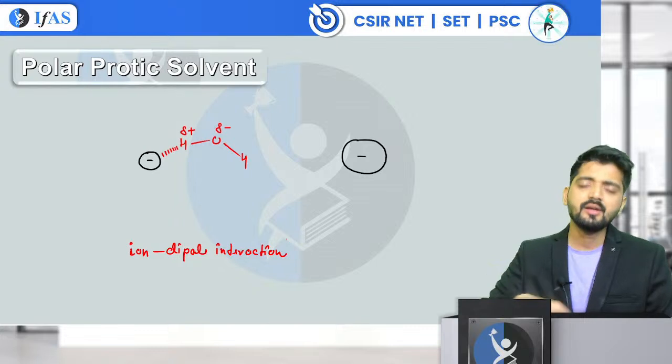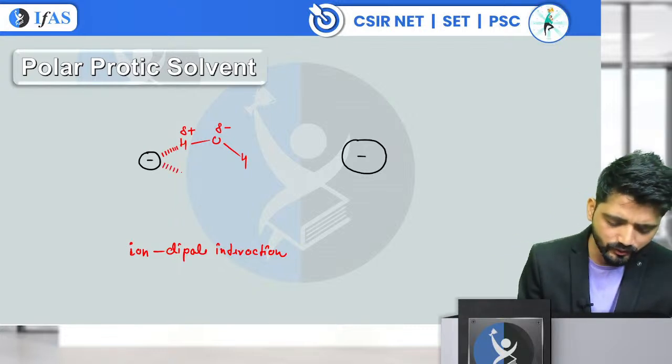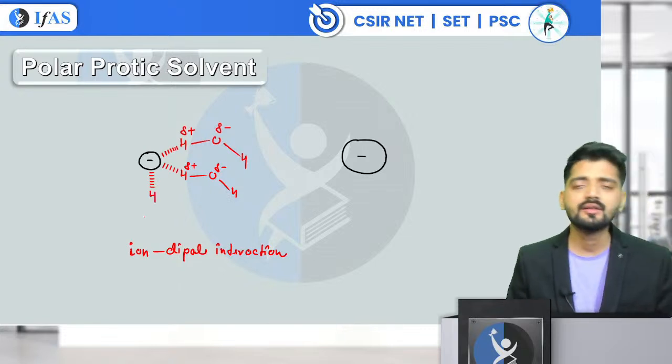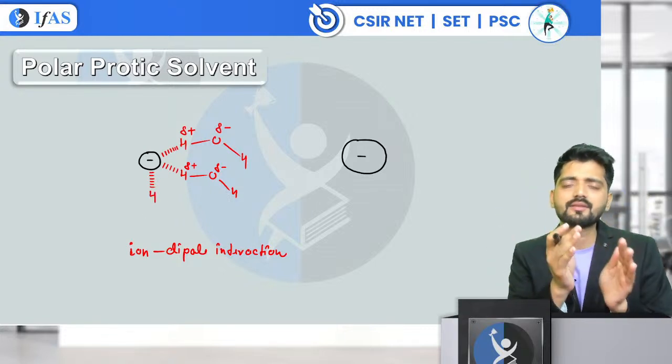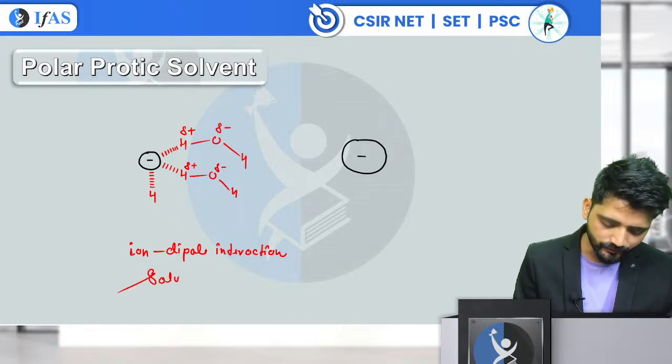Now there will be so many water molecules surrounding this anion and performing ion dipole interaction, which is called solvation. This type of interaction, where the solvent molecules interact with the anion, is called solvation.